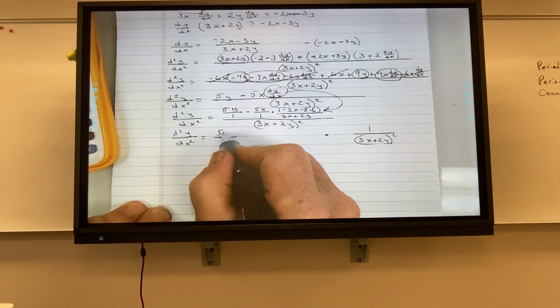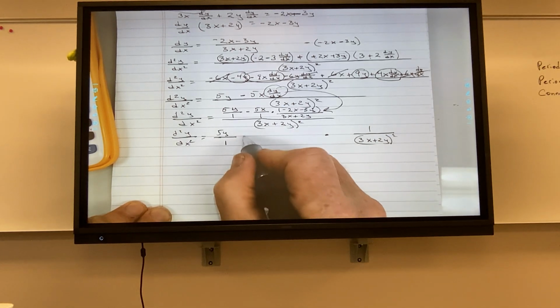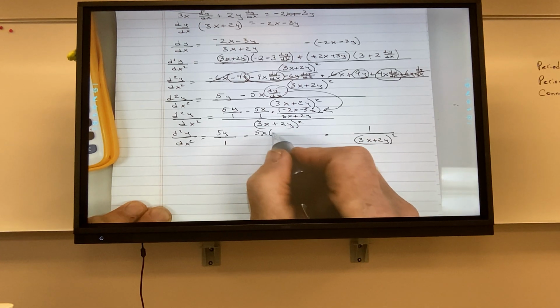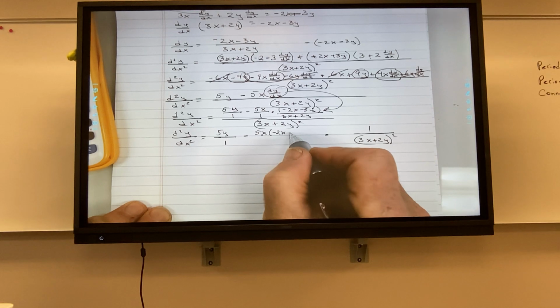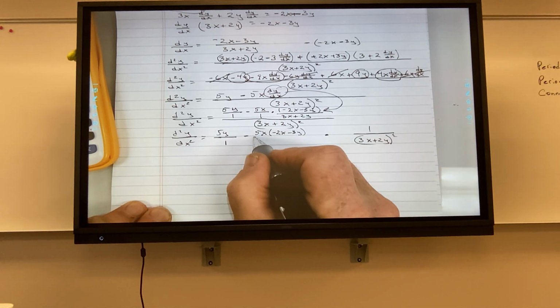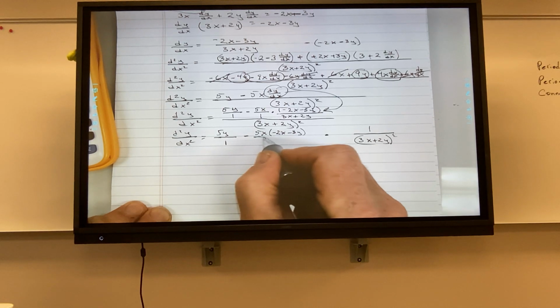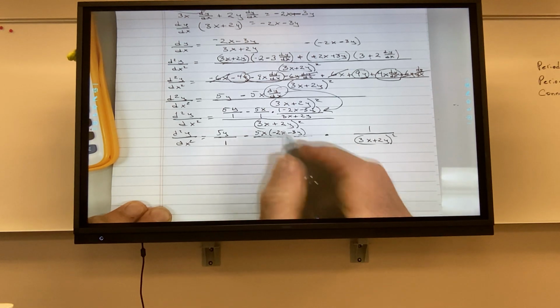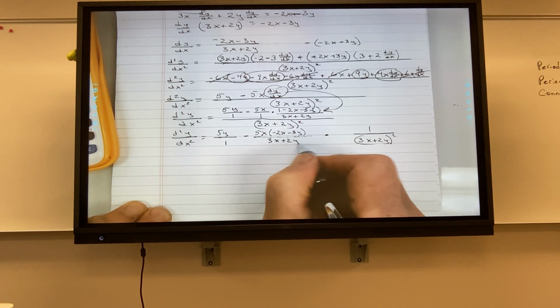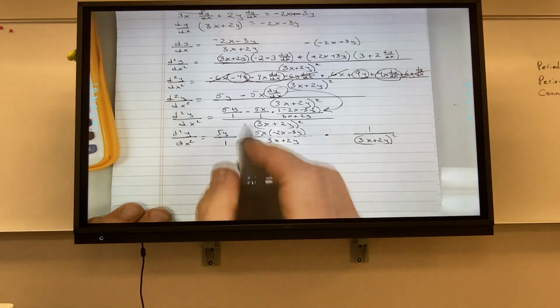I have 5y over 1 minus 5x times a negative 2x minus 3y over 3x plus 2y. So this is the common denominator.